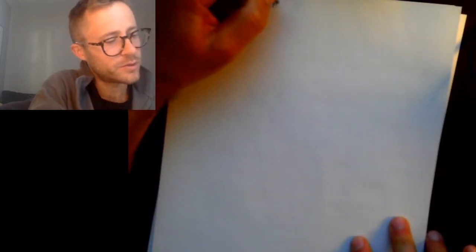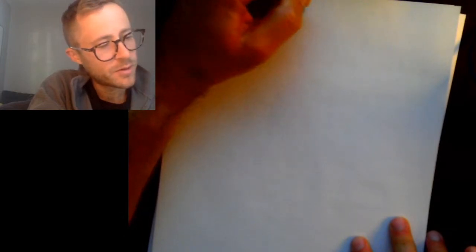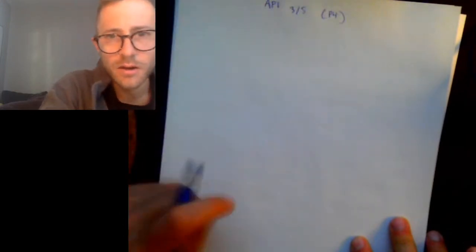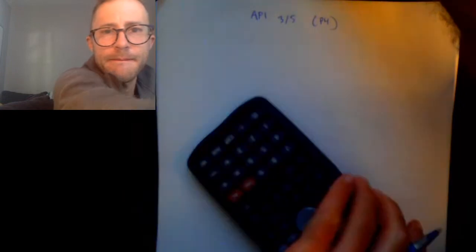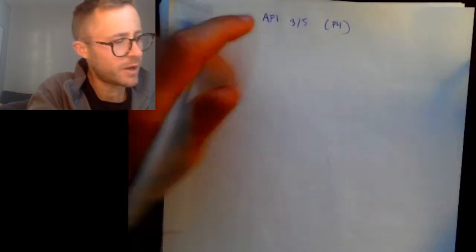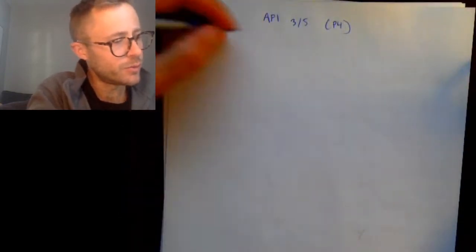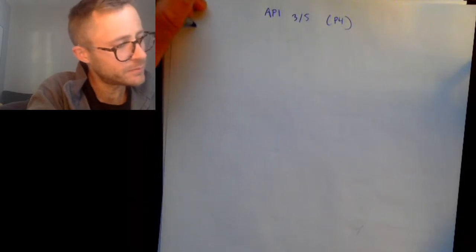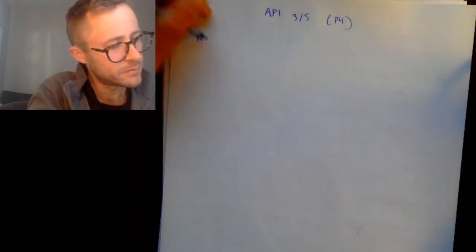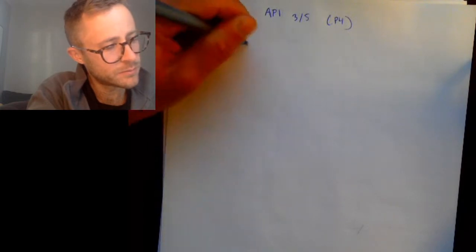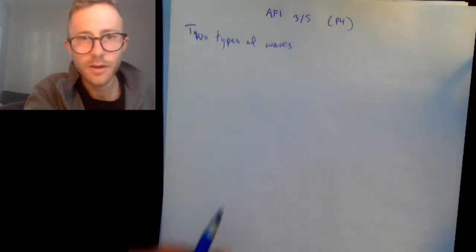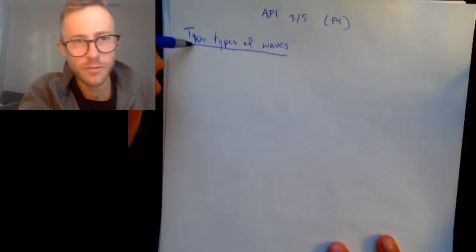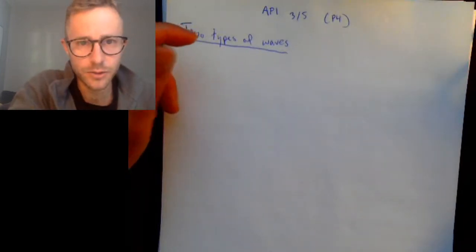Okay, so this is AP Physics 1, March 5th, period 4. Today we are going to talk about two types of waves. There are two types of waves that you can see in nature.